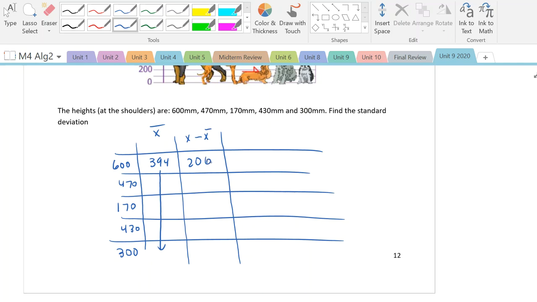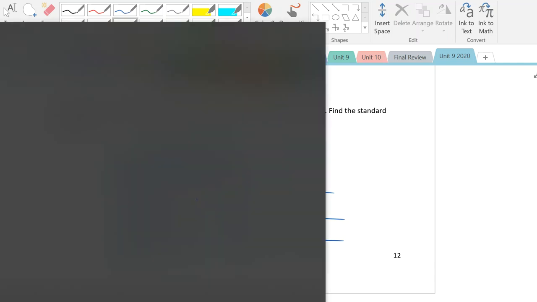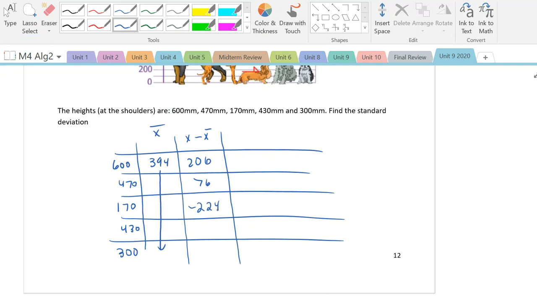206. -224. -36. And -94. Okay, again, you see a mix of positive and negatives on all of these.